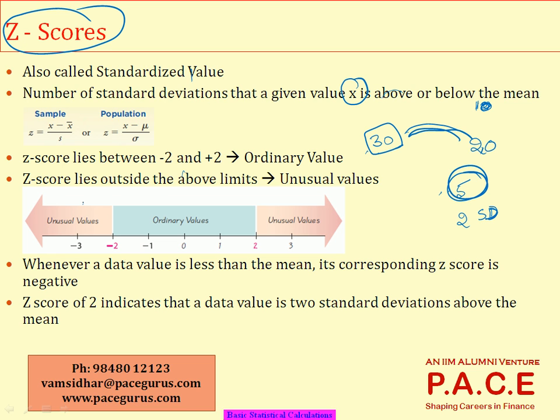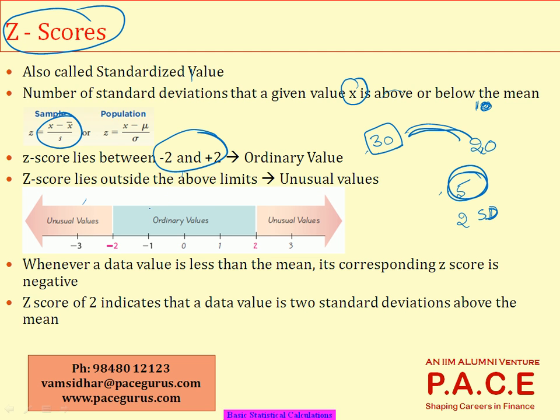The way it is calculated is, for every value, you subtract the mean, whether it is a sample or a population does not matter, and you divide the resulting value by the corresponding standard deviation. If my z-score for any particular value lies between -2 and +2, we call them ordinary values.